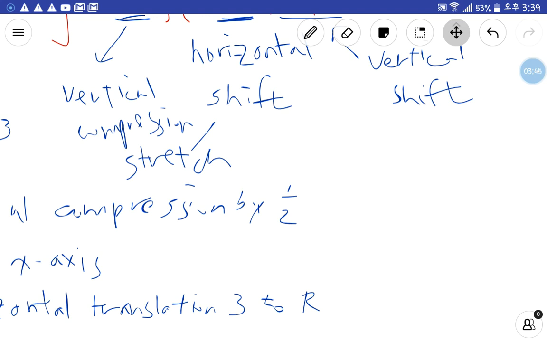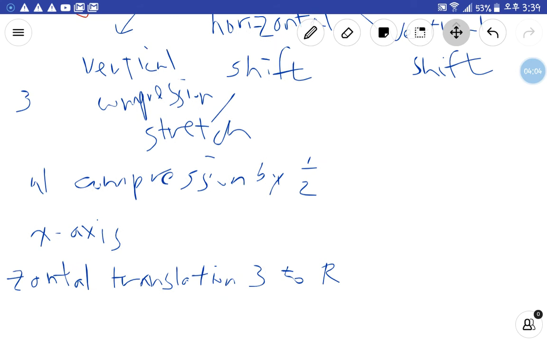Reflection across the x-axis and y-axis apply in different ways, but if you reflect across the x-axis, you are changing your a into negative. It's going to be easier when we are talking about it within the question. I'm going to show you how to do it step by step.